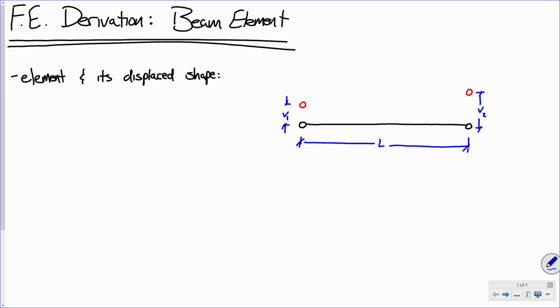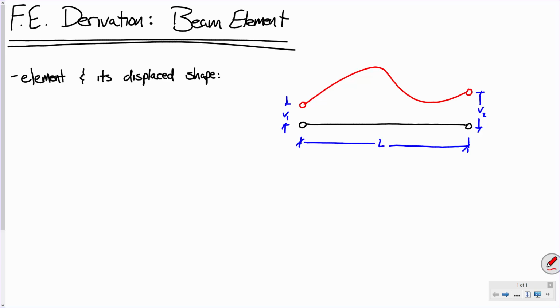Right? But it's not just that. There's also its rotation at each end. Now, mathematically, if I'm talking about rotation, another way of expressing that might be to look at its slope. Is that a fair point? So, if I look at the displaced shape of this element, just in general, I'm not saying always, just in general, it might look something like this.